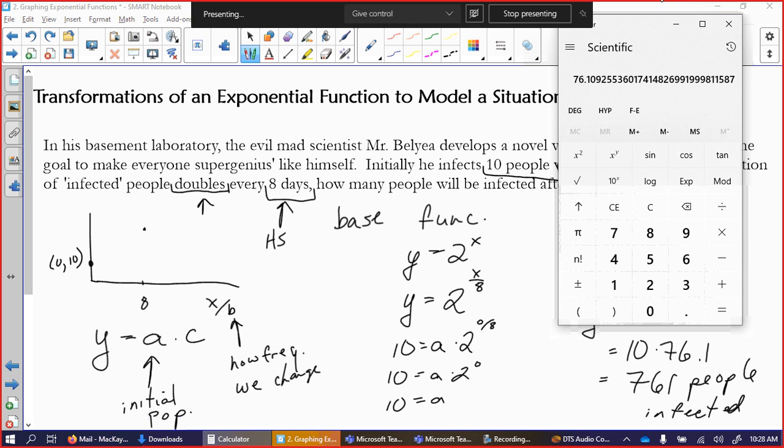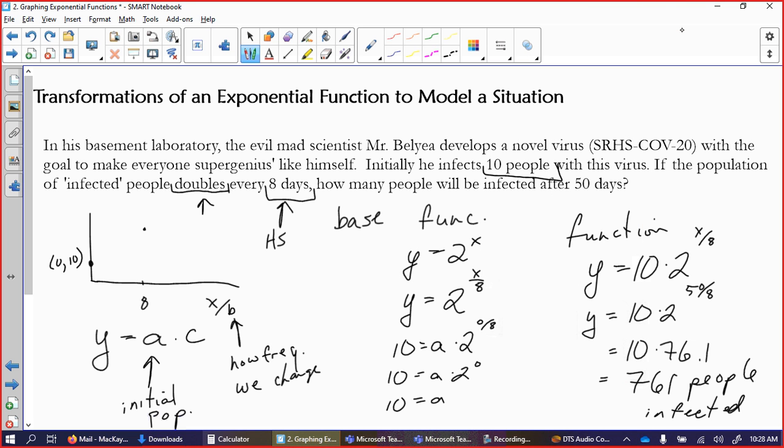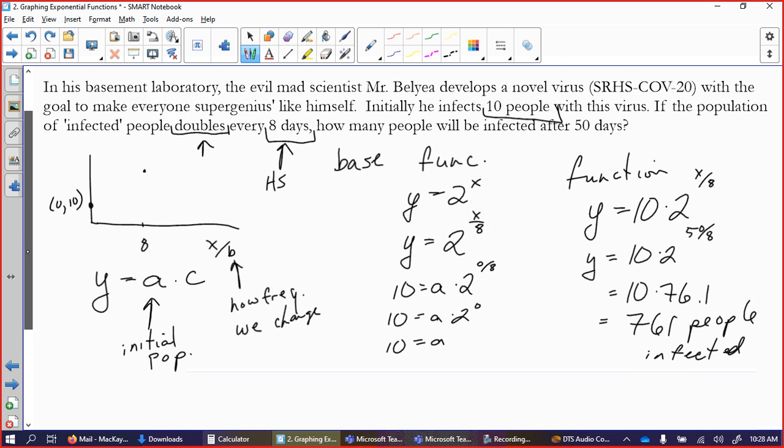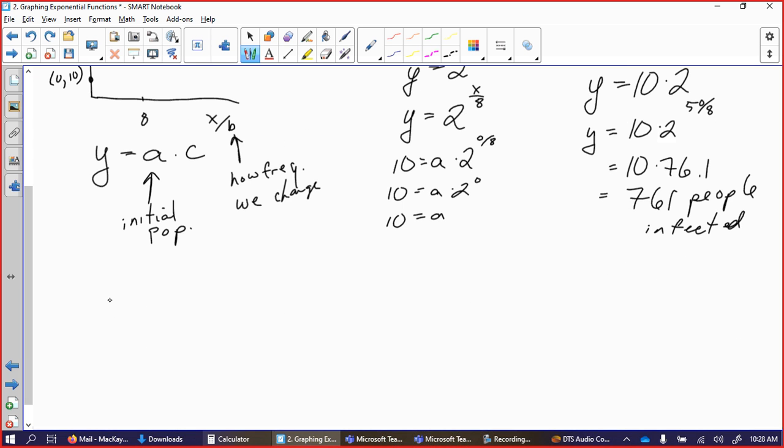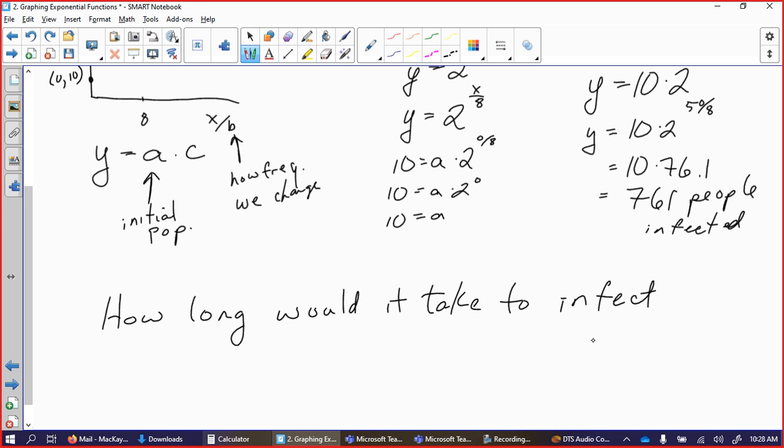Now, where does this sort of stuff go? How many people are going to be infected after 50 days? The other question this leads to: because we're making super geniuses, we're not really infecting people.